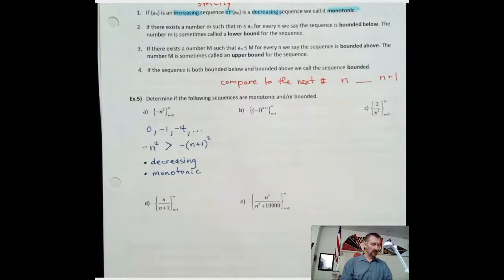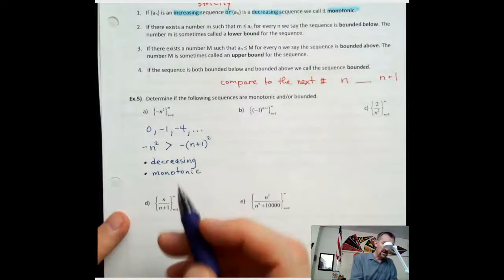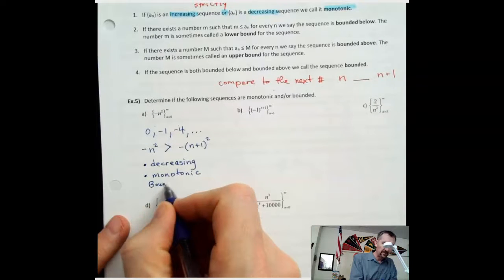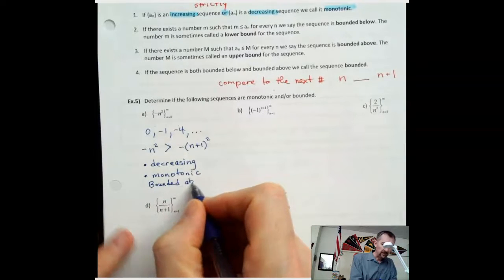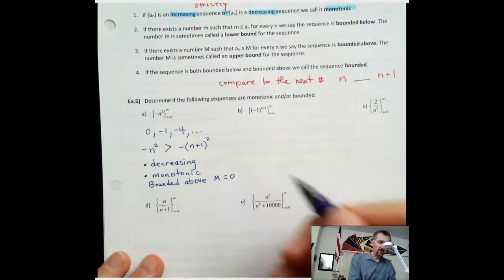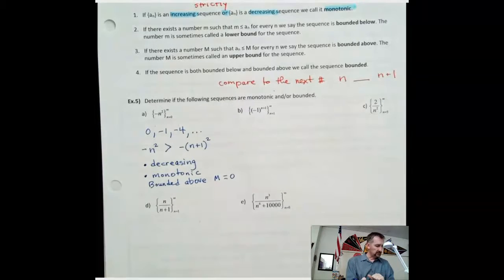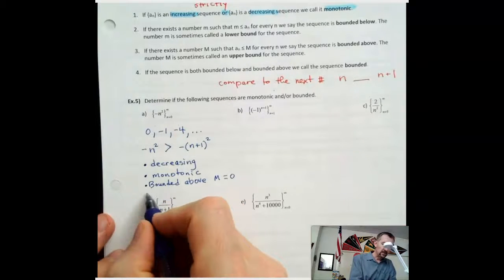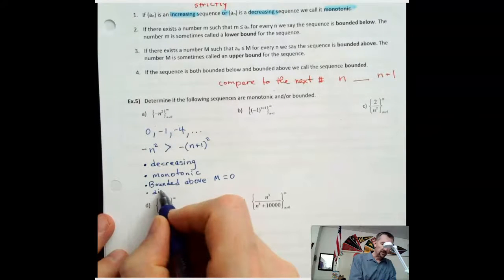Bounded above: if it's always decreasing, that's the biggest number, so it's bounded above by m equals 0. And it just keeps going, so it diverges.